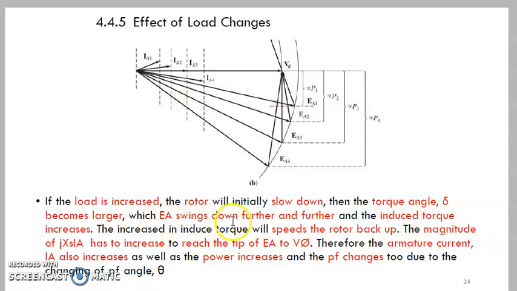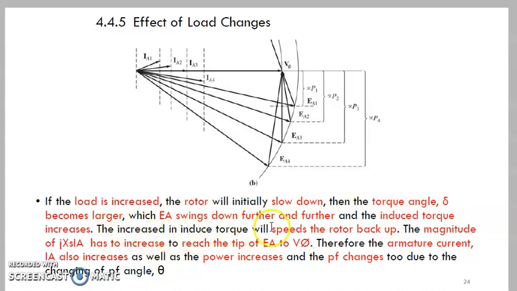So EA swings down further and further, decreasing from EA1 to EA2, 3 or 4. And the induced torque will increase.